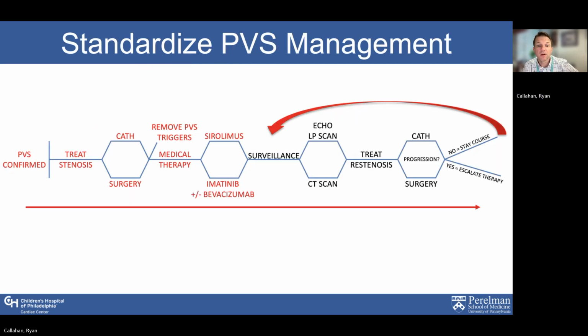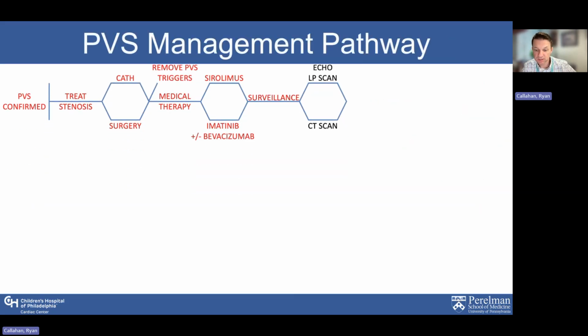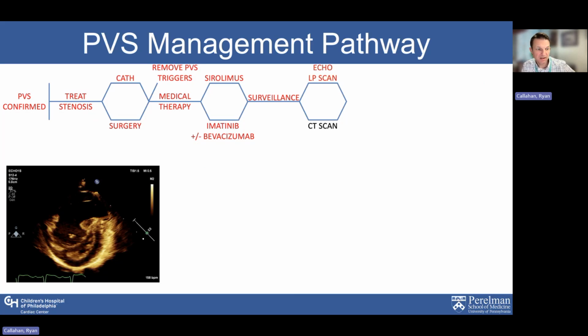Okay. All right, so now we're on one of these drugs, and now we need to monitor for restenosis, since that is common, and no matter what intervention they receive, restenosis is common. So how are we going to monitor them for restenosis? Well, they'll get physical exams and clinical assessments, but what kind of testing? There are two big groups of testing. One is echocardiogram, with or without a lung perfusion scan, or a CT scan.